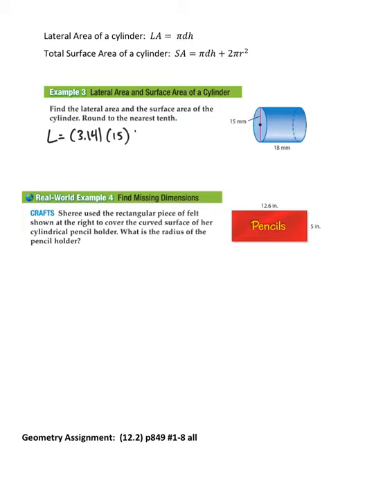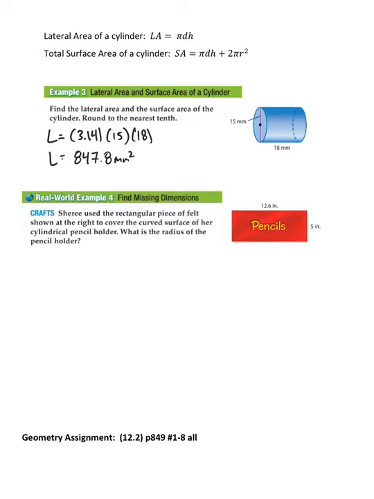The height of the cylinder is 18. So let's get my calculator here: 3.14 times 15 times 18, and we get 847.8. 847.8 is the lateral area, and that'll be millimeters squared.